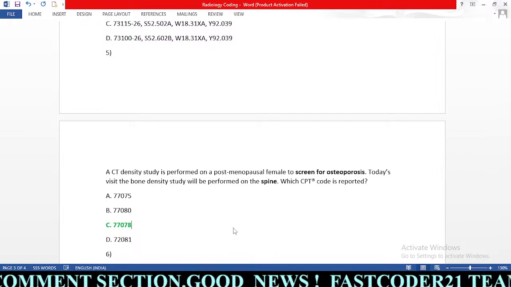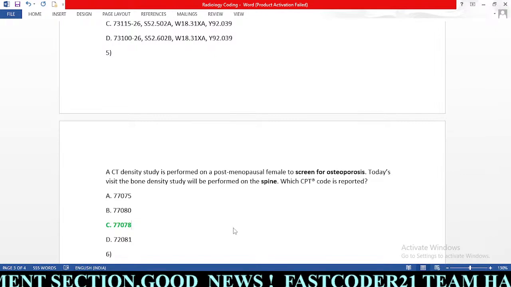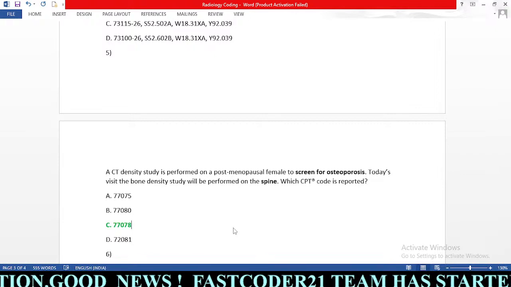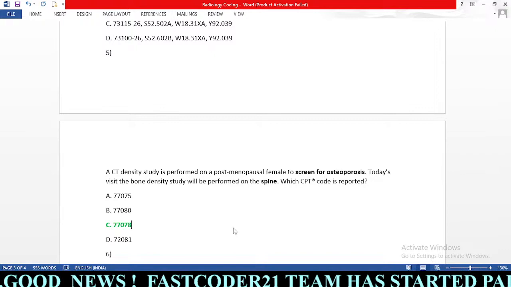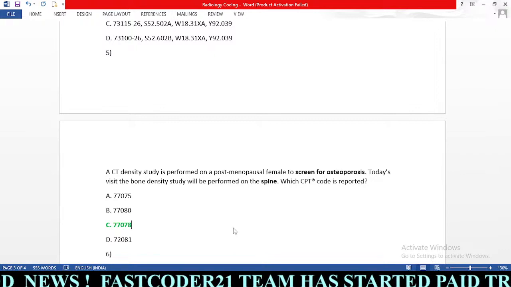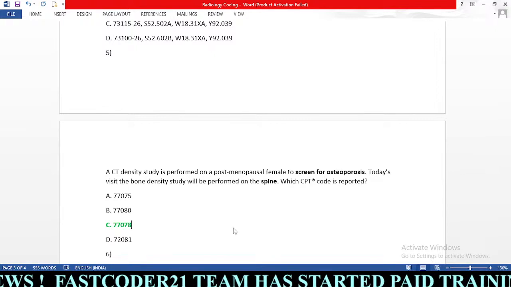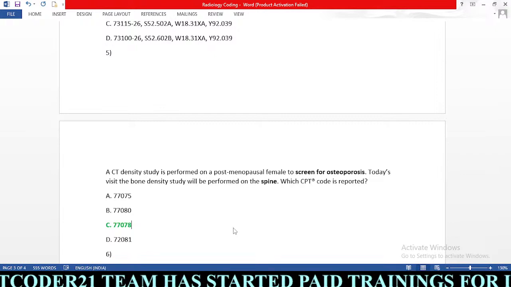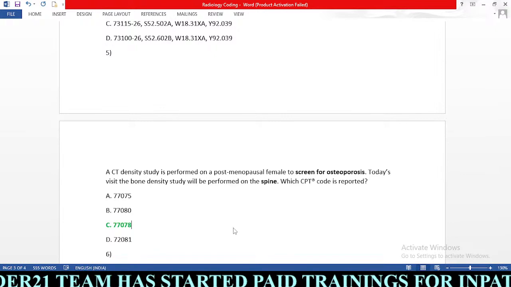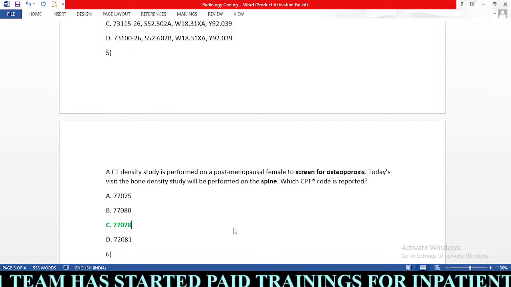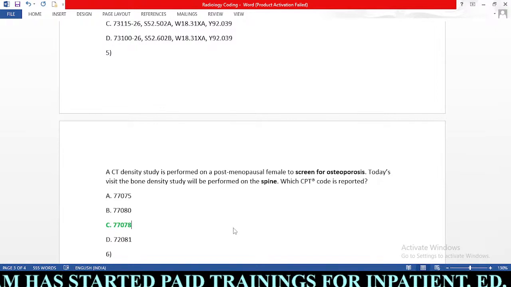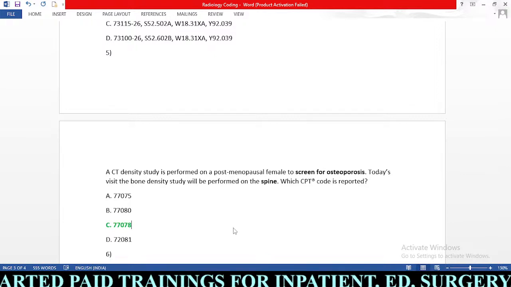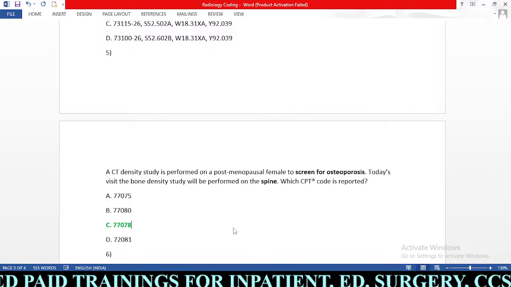So 77080 is correct bone density study, but as I told you before, it is using dual energy X-ray absorptiometry, which is not occurred in our scenario. So clearly they have mentioned CT density study. So because of that reason, 77078 is correct. You see, computed tomography means CT. So 77080 is DXA. So we need to select CT, not DXA.